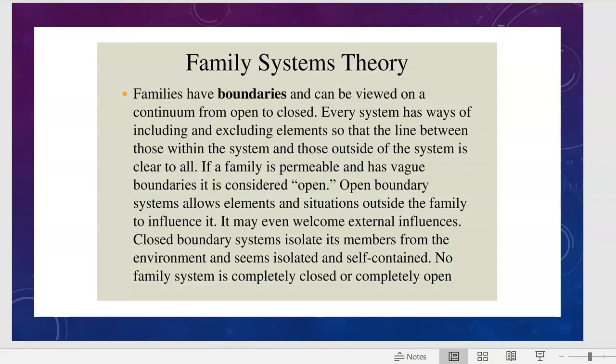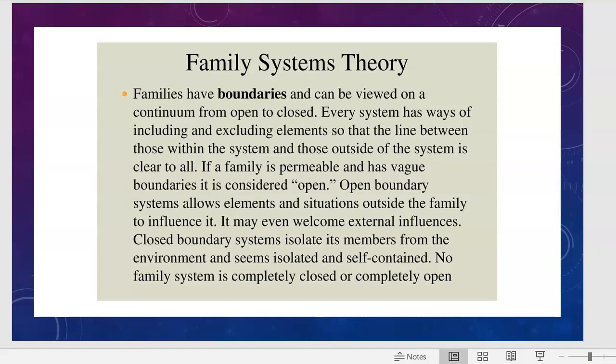Another important concept in family systems theory is the concept of boundaries. All families have boundaries, and boundaries can be viewed as a continuum from open to closed boundaries. Every system has its way of including and excluding external elements so that the line between those within the system and those outside of the system is clear.